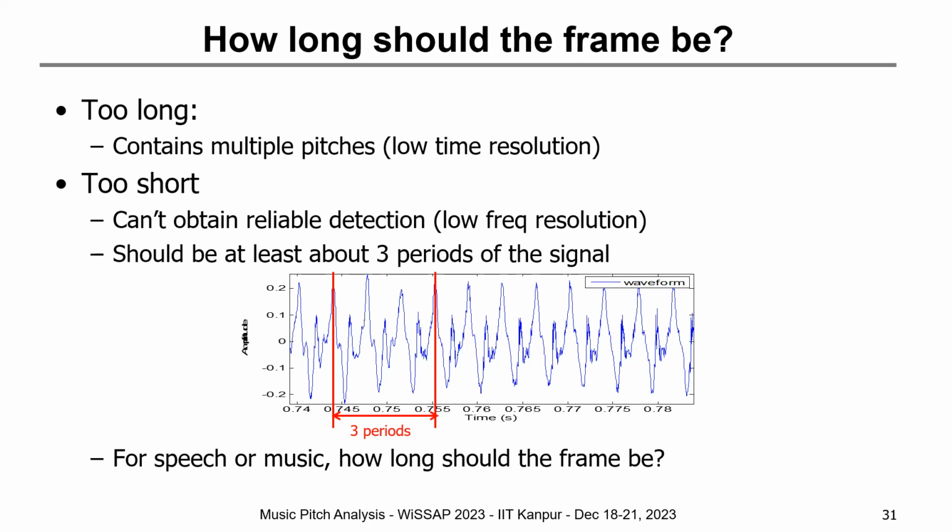Even using a 60 millisecond window, we cannot cover 3 periods of the lowest note of the piano, but we have to deal with that. So that's the primary reason why pitch detection for very low notes of the piano would not work very reliably: the length of the frame is not long enough.